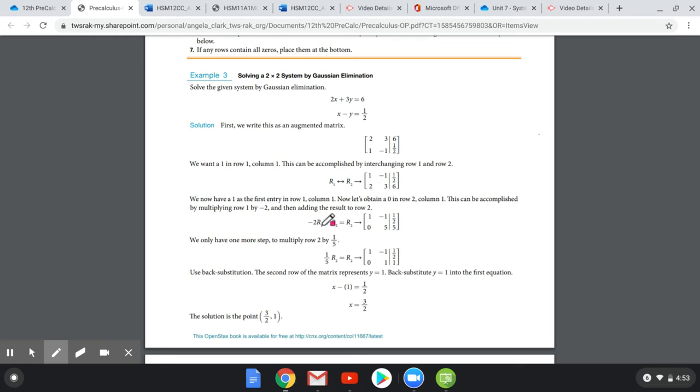Multiply -2 by row 1, add the 2 rows together, and then put it in row 2. So when we do that, I'm going to write up here.